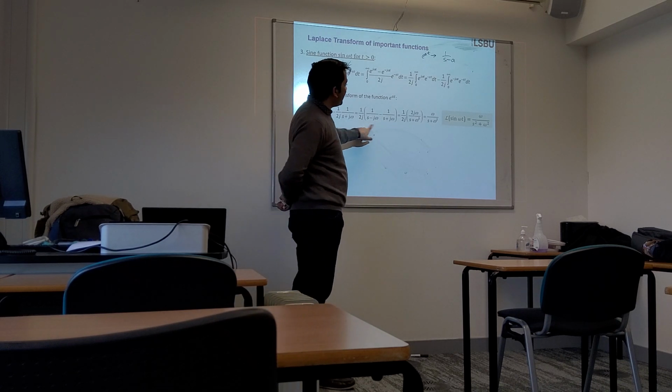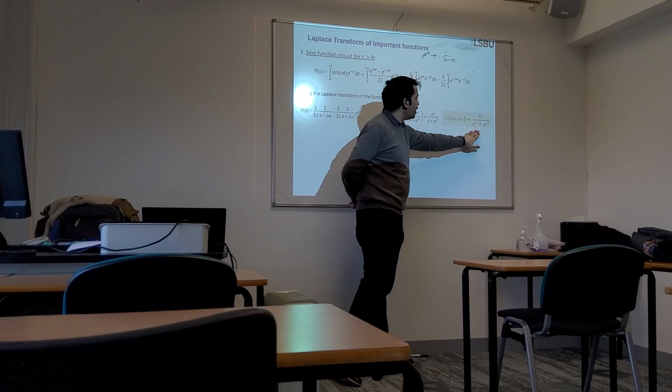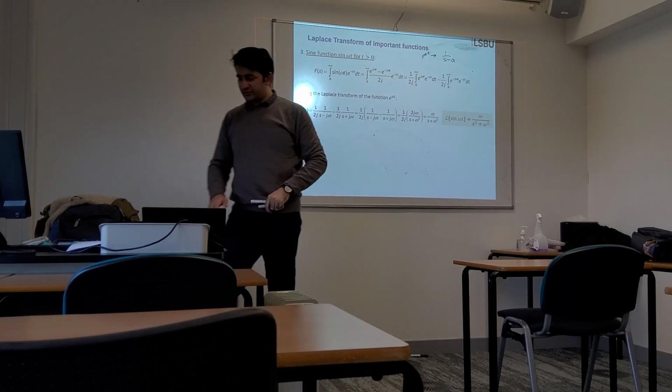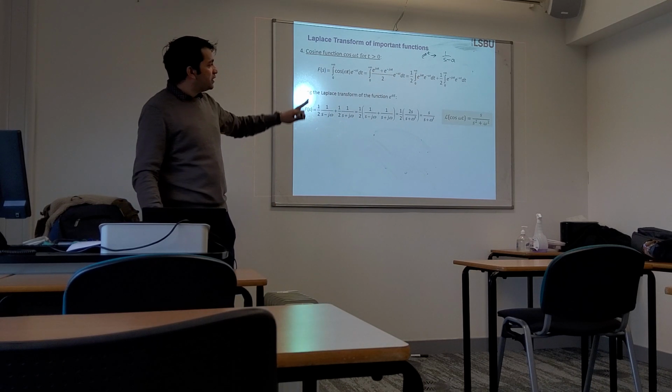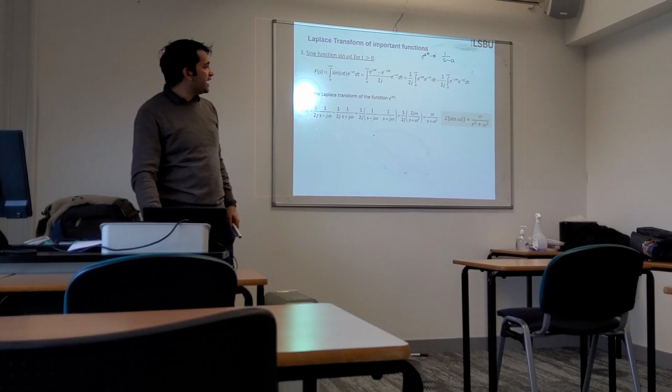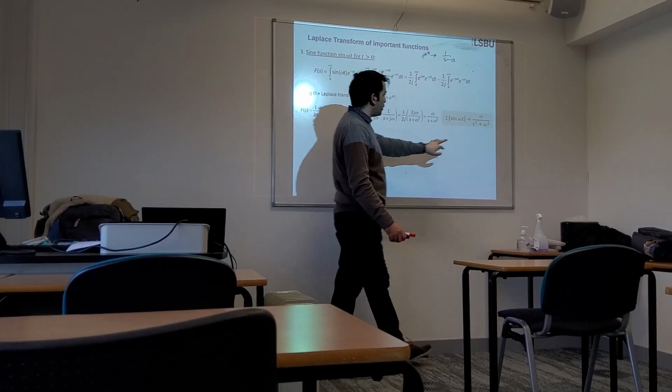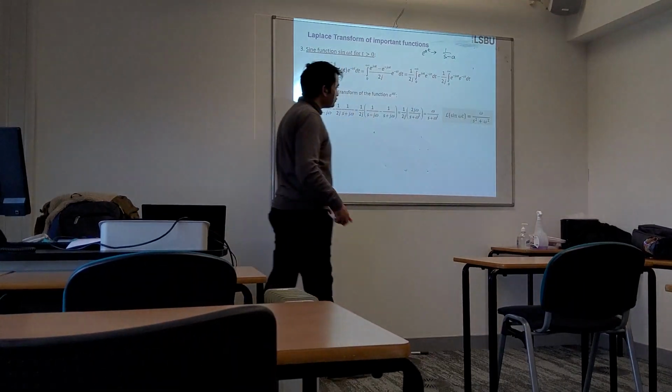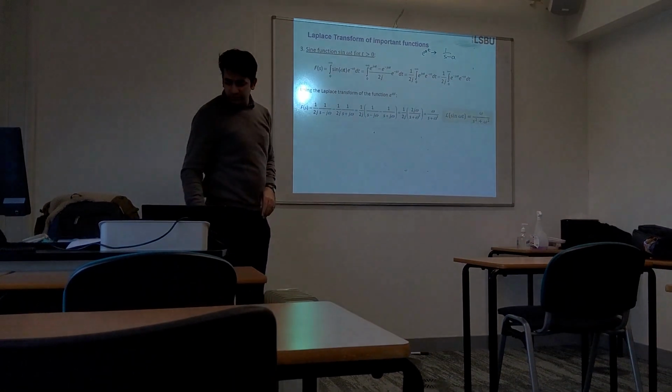Now, if I simplify it, you will get omega divided by s square plus omega square. So what is the difference between the two? In the case of cosine, you have s on the top, whereas in the case of sine, you don't have s on the top. You have omega on the top. Why so?